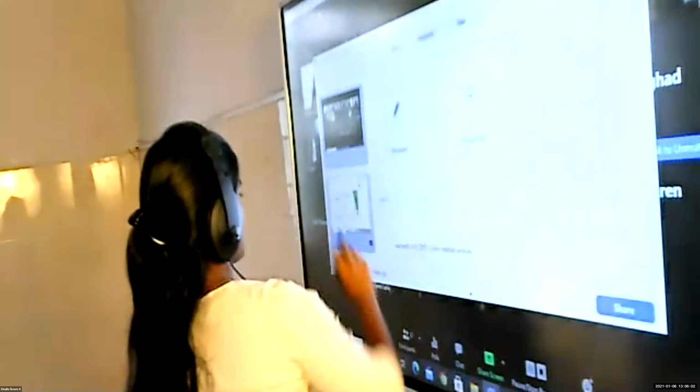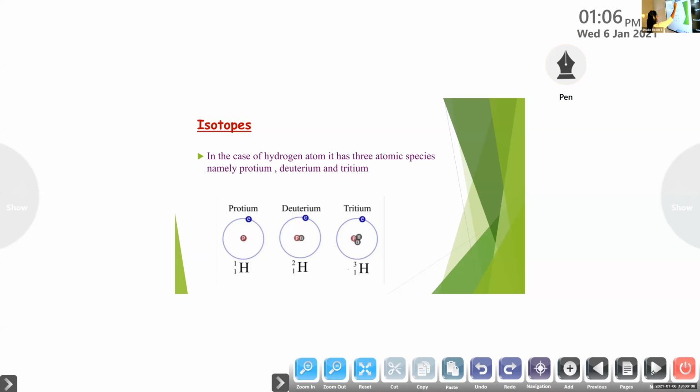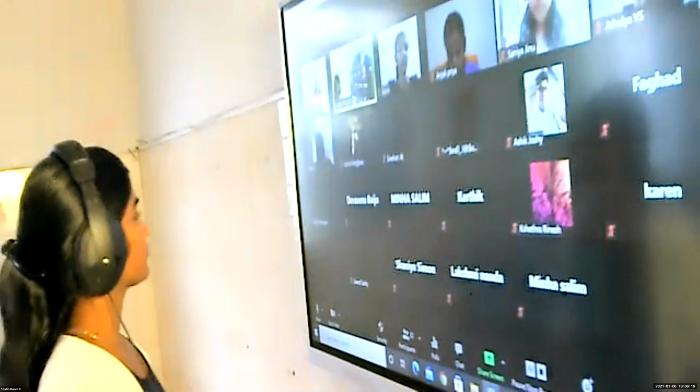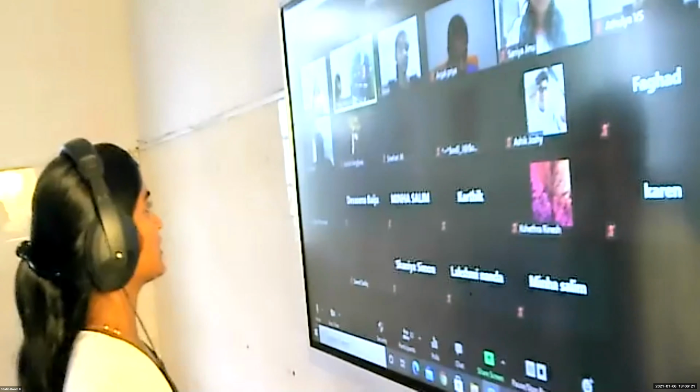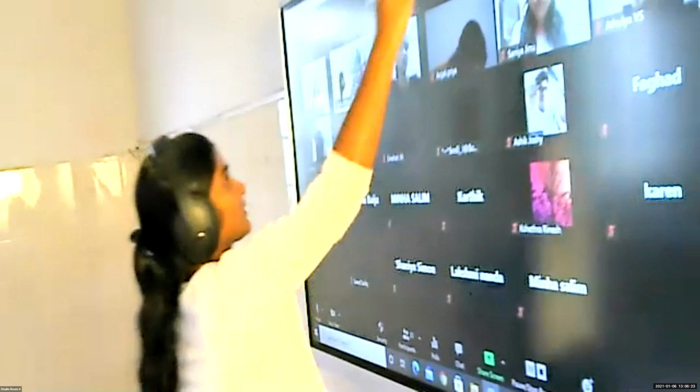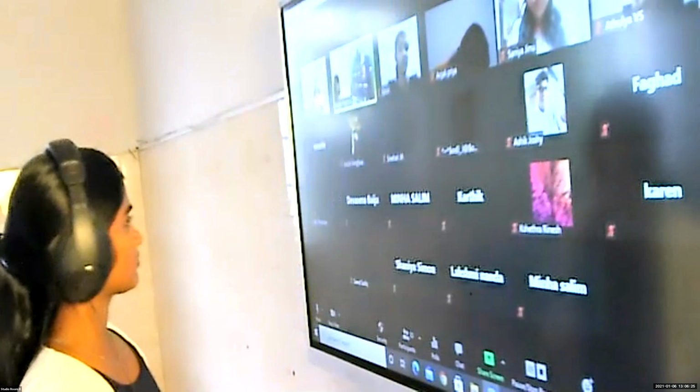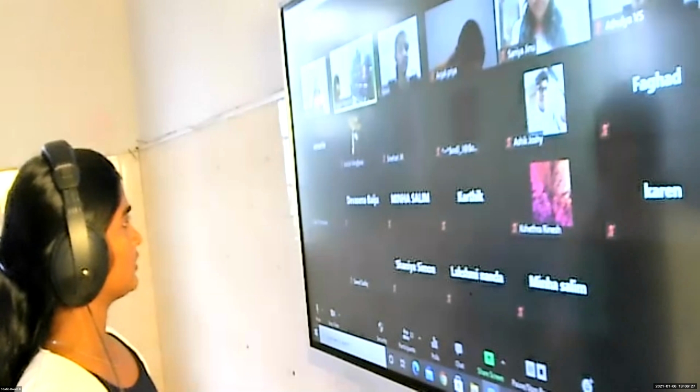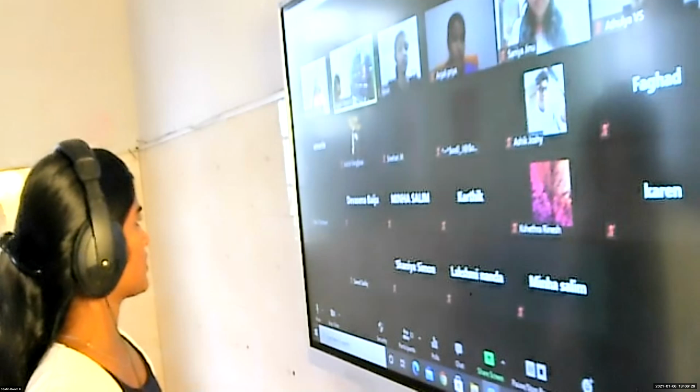Okay, then we are going to learn the next topic, that is isotopes. Did you hear this term before? Isotopes. Yes or no? Gerlin?